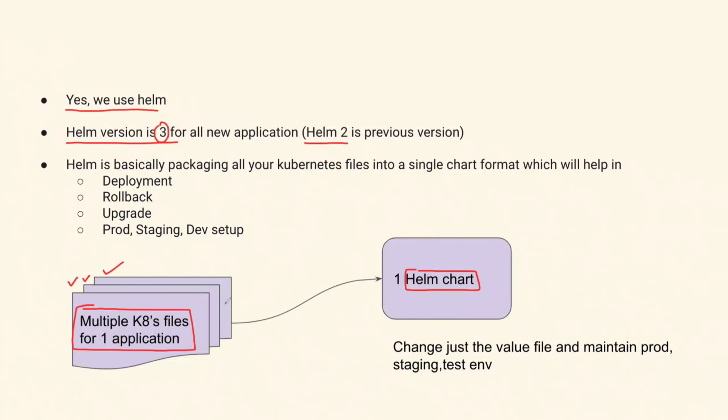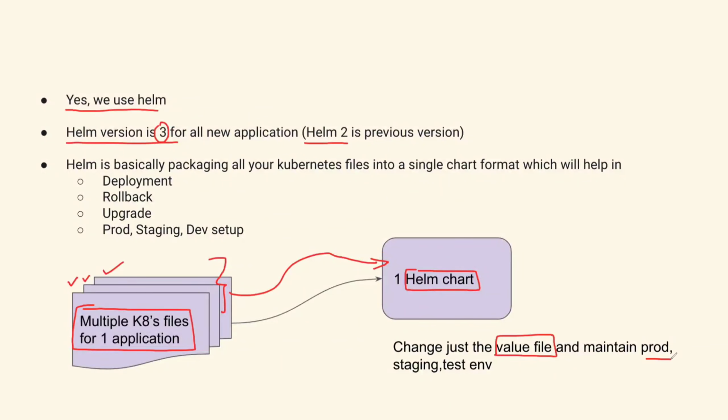As you can see from the diagram, all of these files are combined into a single format called a chart, where it uses a templating format to make it easy for us to maintain this chart. The beauty of a Helm chart is that just by altering a values file, we will be able to make multiple kinds of deployments.